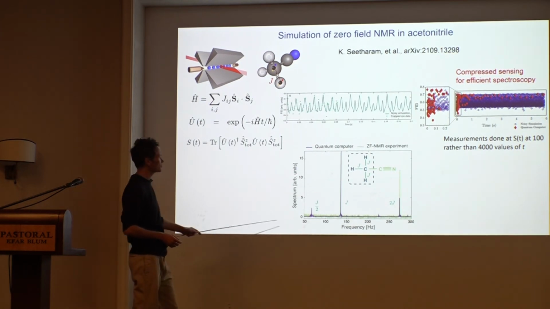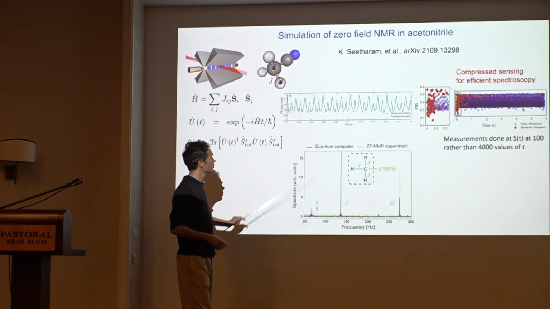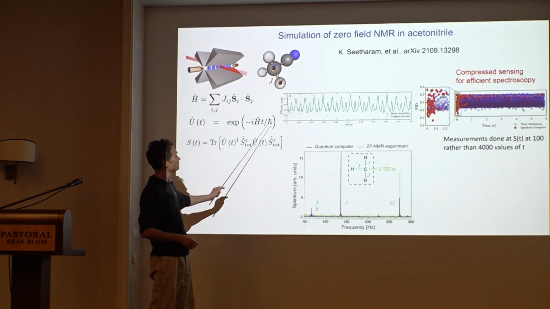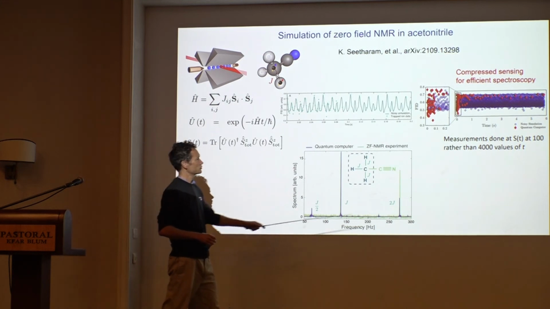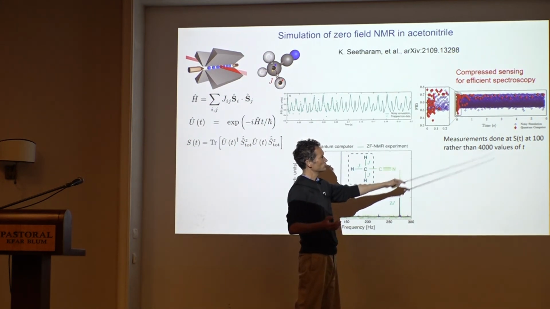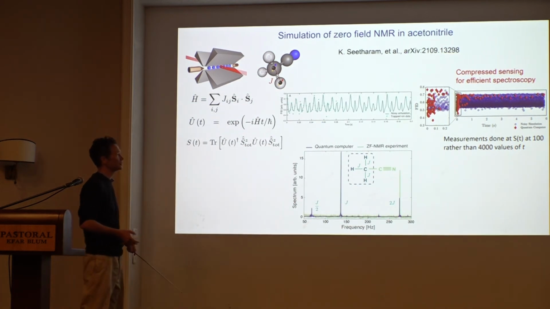Also, the spectra have very sharp peaks, so naively you would guess that if you do this correlation function by evolving in time, you would need very many time points, like 4,000 values of time, and they basically told us, well, look, you have to stop at 100 because that will already take several days.